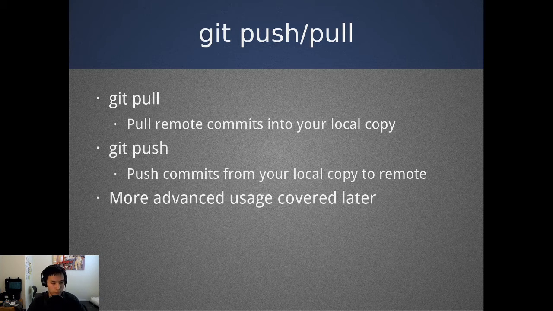So I covered a lot of commands, but this is the basic workflow. From nothing, you'll either do a git init to create a repository locally, or git clone a repository from a server. You'll make some changes to your local files. You'll git add those changes to stage them, to prepare them for commit, and then you'll do a git commit to commit those changes into the history, and most times you'll write a short summary of what changes you made.